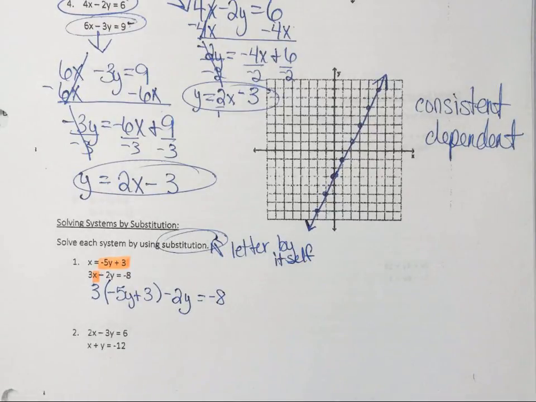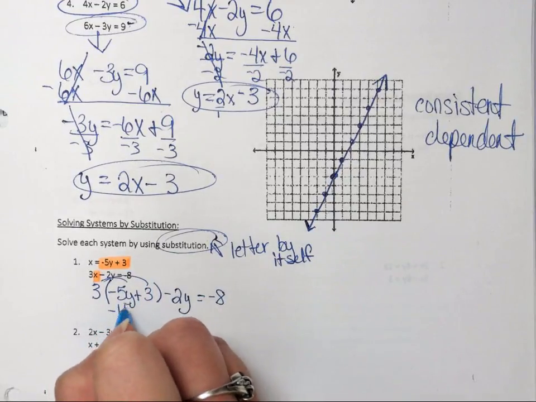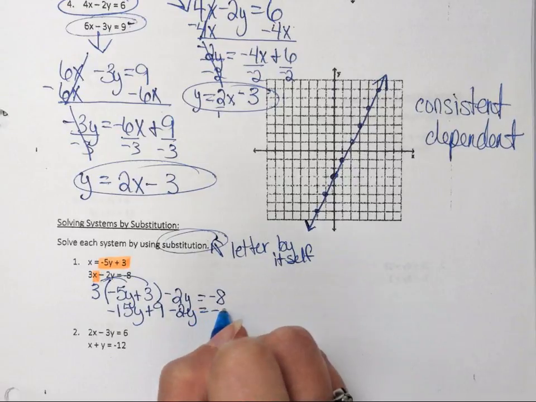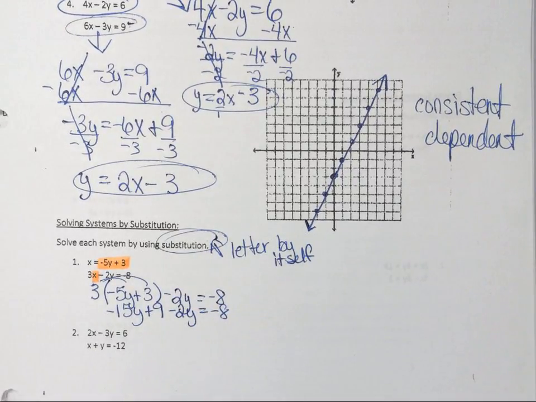I only have y. So now I've got no choice but to solve for y. So what could I do to solve for y here? Multiply everything by 3. I could distribute that 3. So that'd be negative 15y plus 9 minus 2y equals negative 8. Alright, what else could we do?